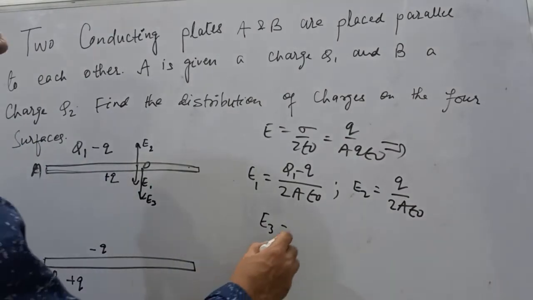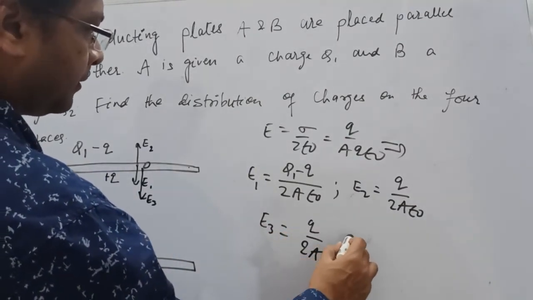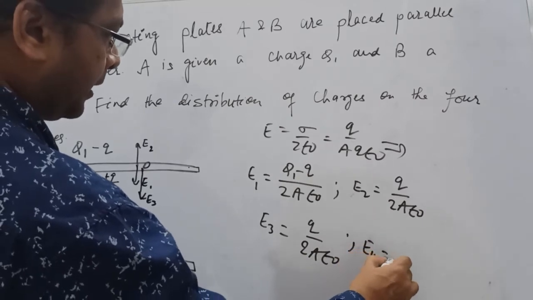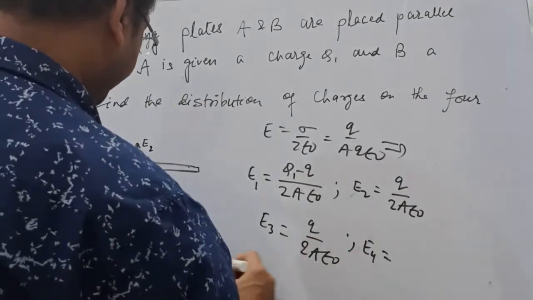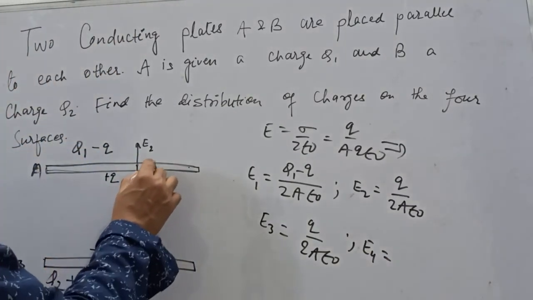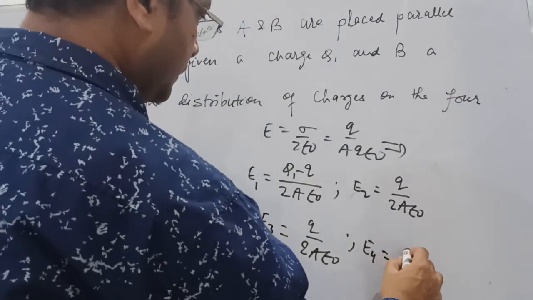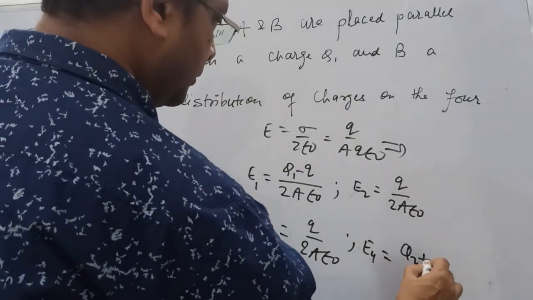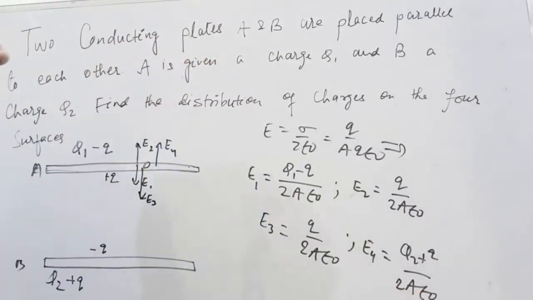So E3 we can write as q upon 2A epsilon naught. And E4 is due to this charge. This is positive, so the electric field will be like this. E4 is (Q2 plus q) upon 2A epsilon naught.